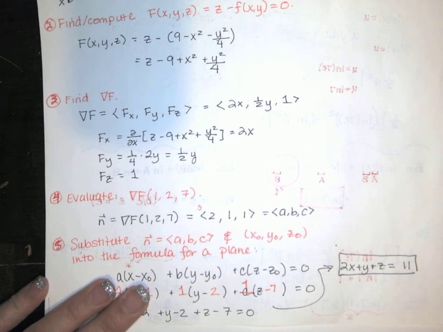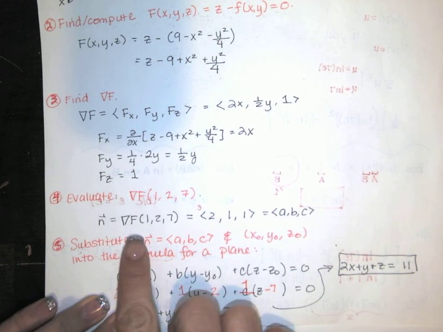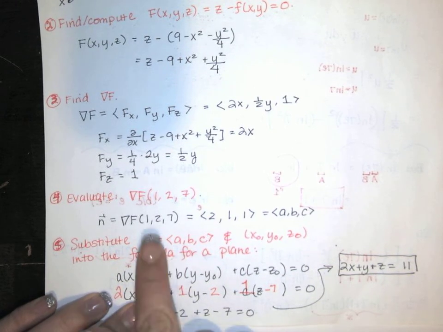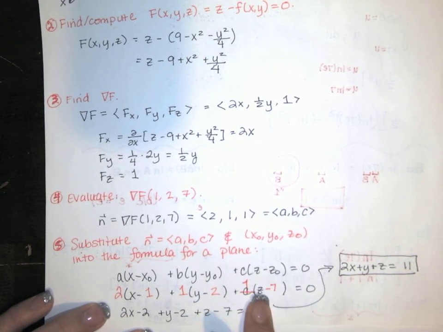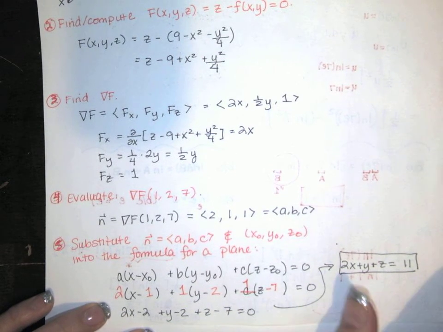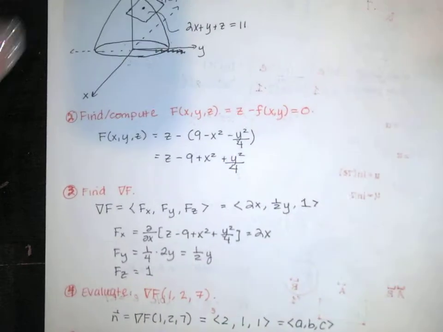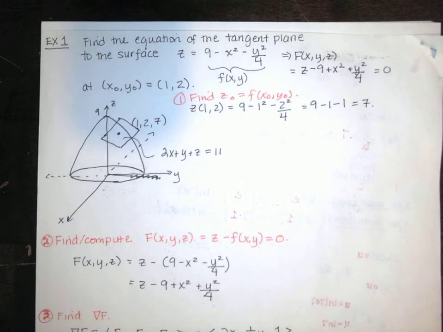It's just going to have a different length, and if you multiply it by a negative, it'll point in the opposite direction. So you get the normal, and once you have the normal and the point, you just substitute into the equation of the plane and simplify. That's it. Pretty simple. Okay, let's do one more example with a familiar surface.